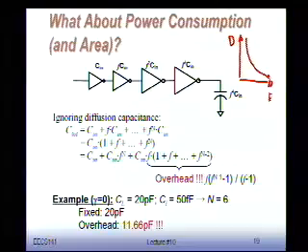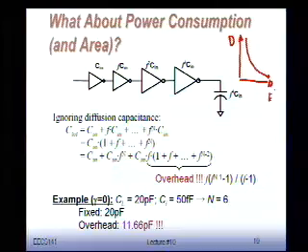You can see that the minimum delay always comes with an overhead. In this case, it's energy. I'm paying for it in area, because obviously the last stage is going to be big, right? You have this big capacitor, you have big transistors driving it. That's going to take a lot of area, but also a lot of capacitance. Because the gate capacitance of this inverter also has to flip up and down and up and down. So it's going to add area, and it's going to add power dissipation.